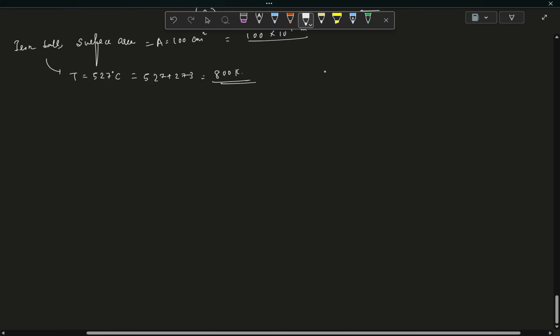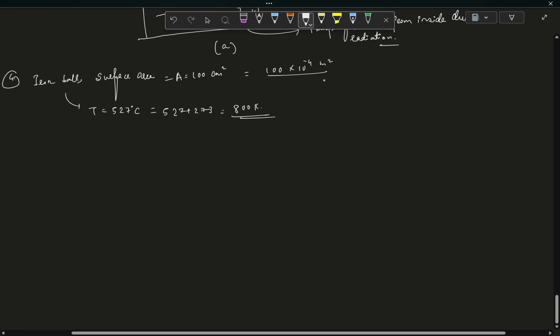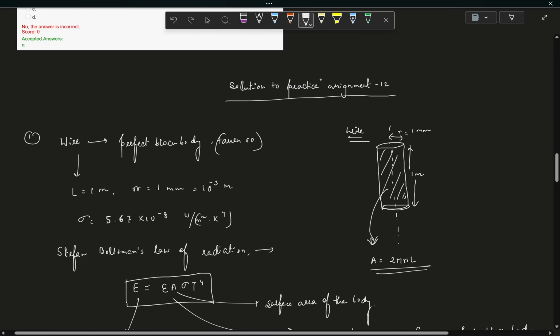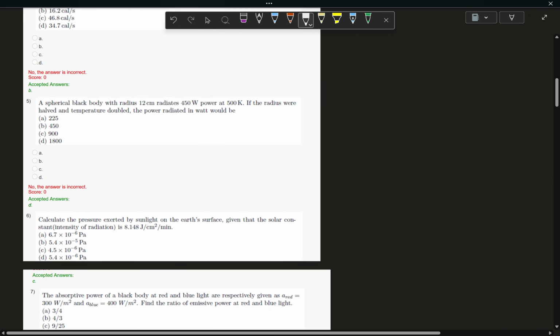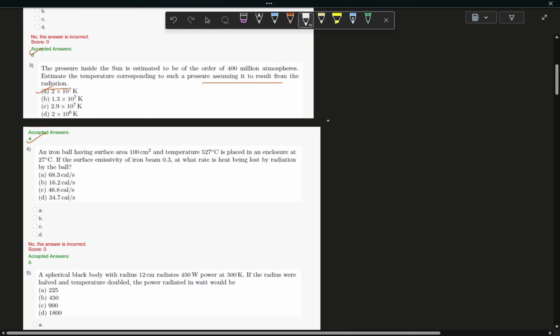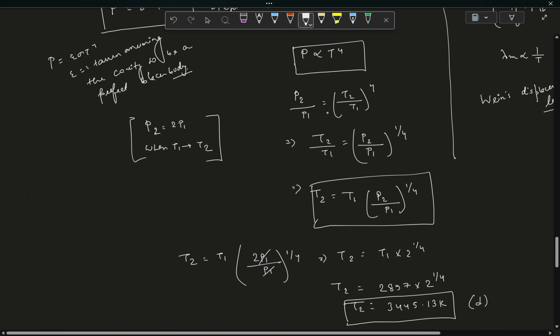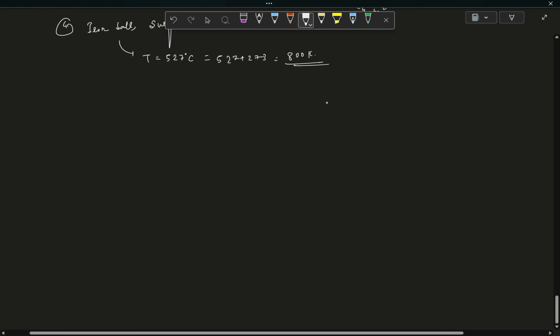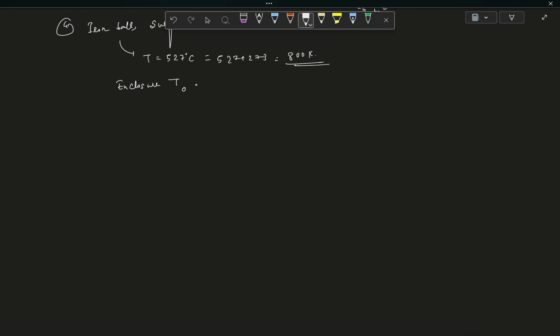And the box in which the ball is kept, I think that box was mentioned. So the enclosure in which the iron ball is placed is at a different temperature, 27 degrees centigrade. Let's say it is T naught. It's 27 degrees centigrade, which converting into Kelvin is 300 Kelvin.